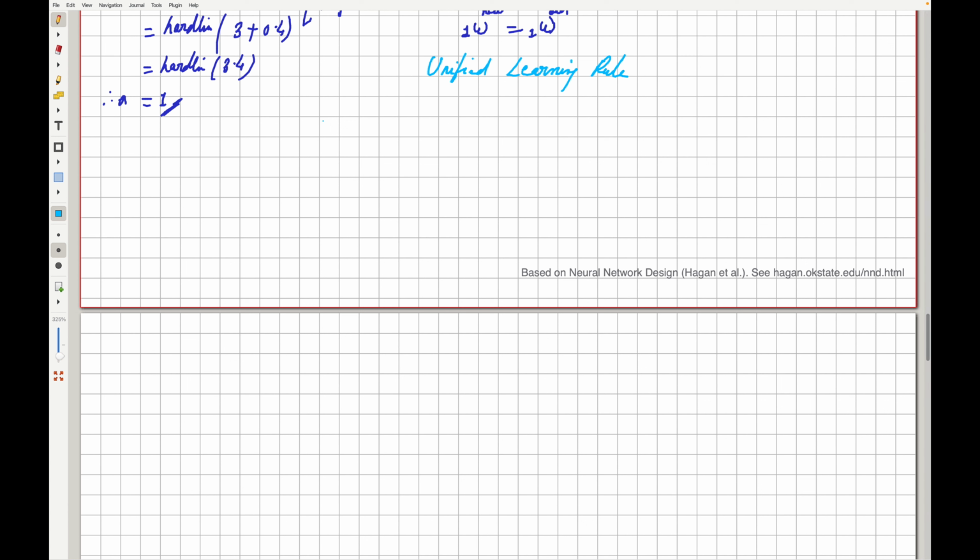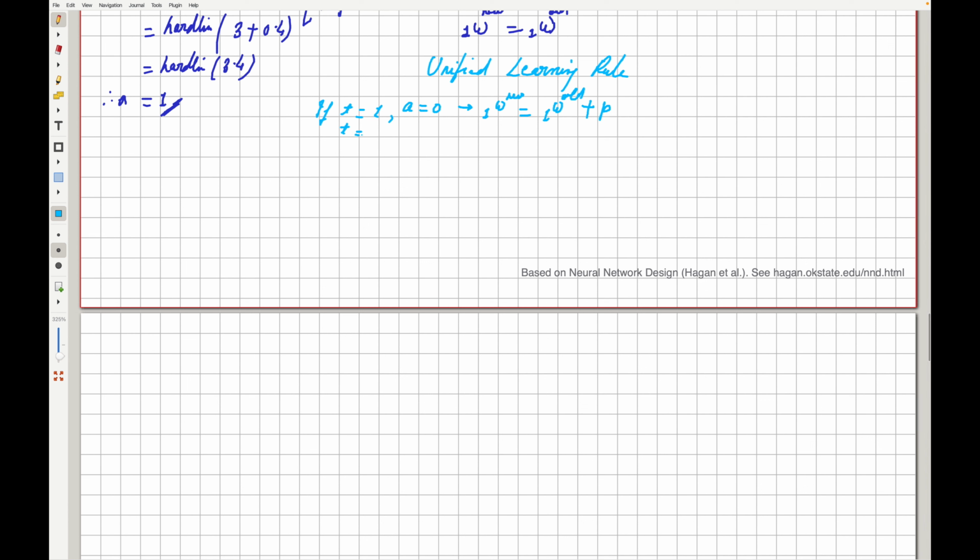So what we saw previously is that if p was equal to 1 and a was equal to 0, then the way we updated our w and calculated our new w was we took the old w and then added the value of p to it.